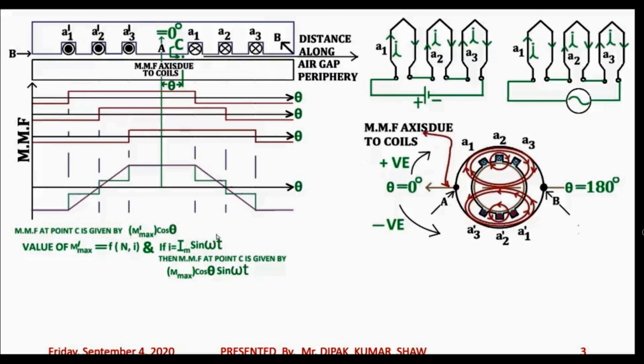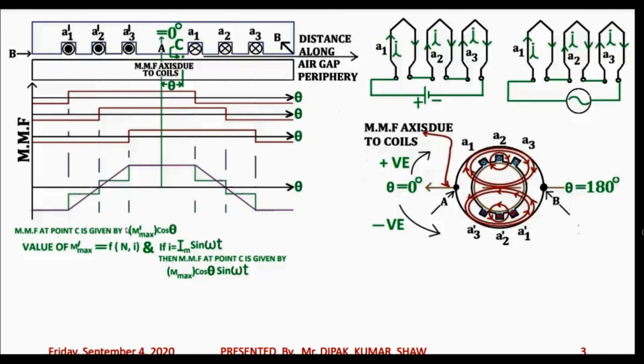But if I equals Im sine omega t, that means the coils are carrying sinusoidal current, the magnitude of m dash max is not going to remain constant. Why? Because m dash max is a function of both the number of turns and the current carried by the coils.